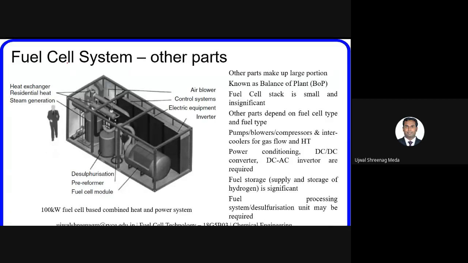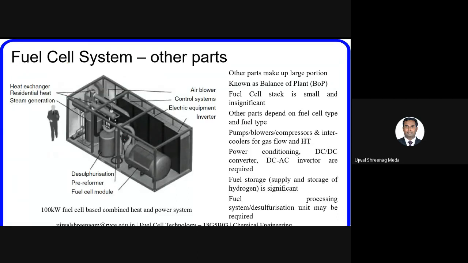And these components will depend on the type of fuel and the application as well, and also the operating temperature. These components other than the fuel cell stack are known as BOP, or balance of plant.